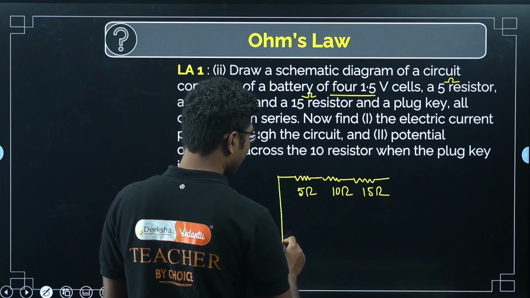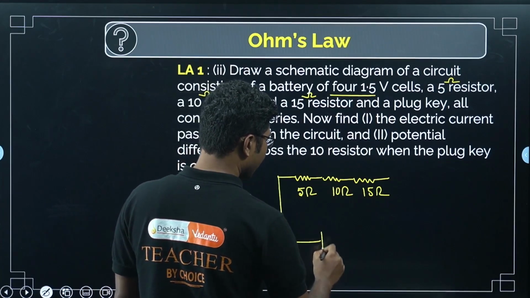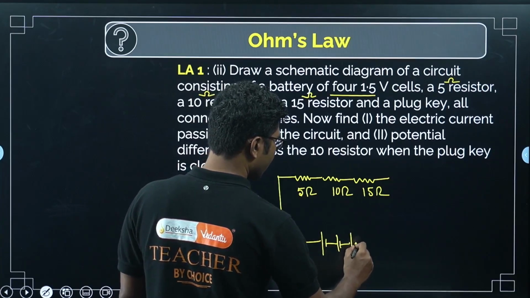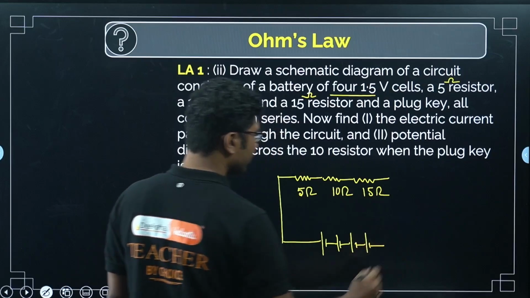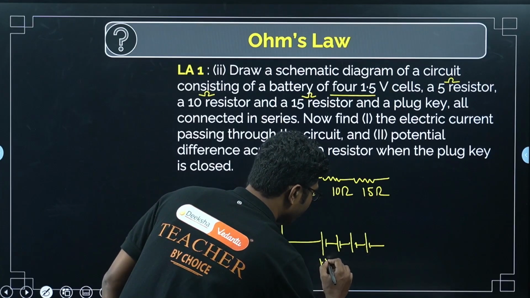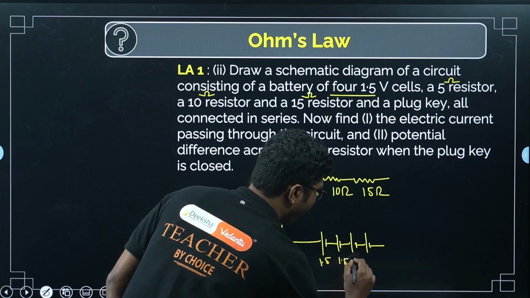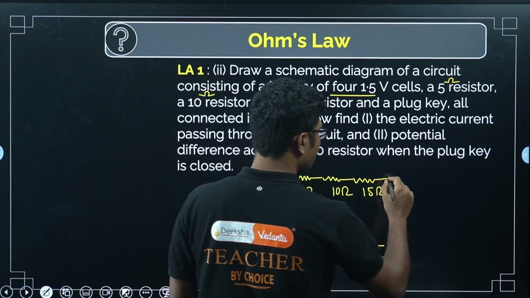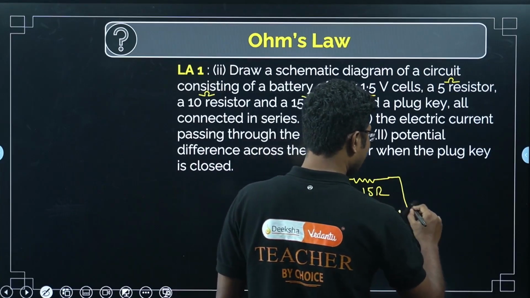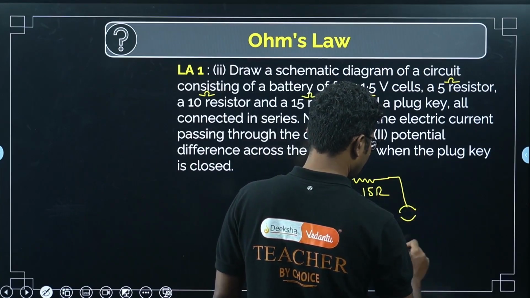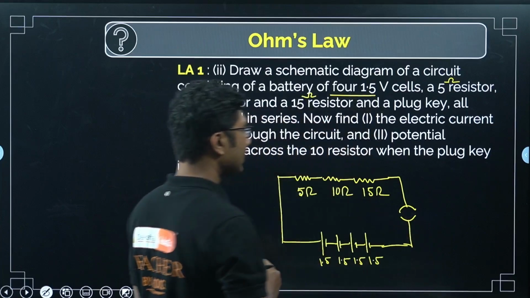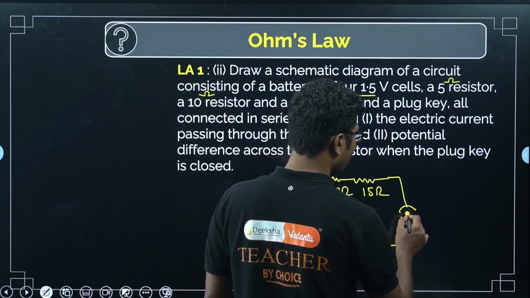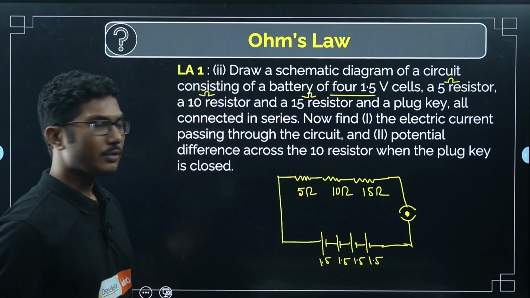So battery means there are multiple cells, each of them 1.5 volts: 1, 2, 3, 4. Each of them is 1.5 volt. Now we also have to connect a key. When the key is closed, current will flow. When the key is open, the circuit is open, no current will flow.